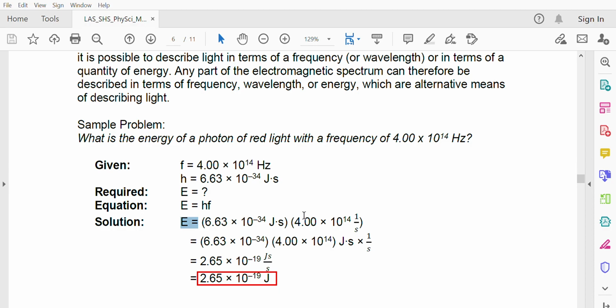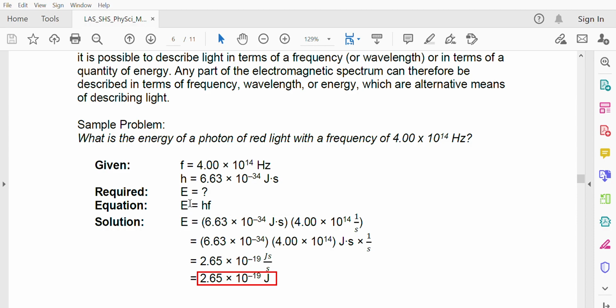So h times f, where f is the frequency, which is 4.00 times 10 to the 14, and hertz, remember, is 1 cycle per second. Why do we need to change the hertz into 1 cycle per second? So that later we could cancel the second and the second, so that the final answer will be in joules, which is the unit for energy.